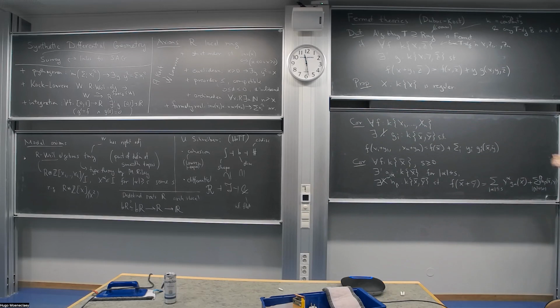So you iterate these expansions and then you get uniqueness from the uniqueness part of the first part once you go high enough. Okay.